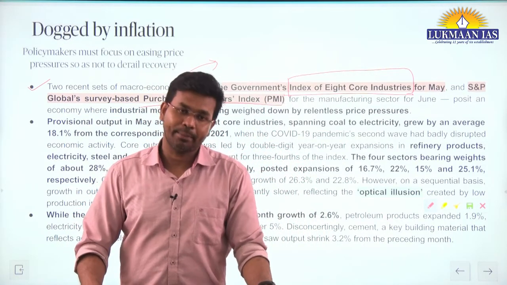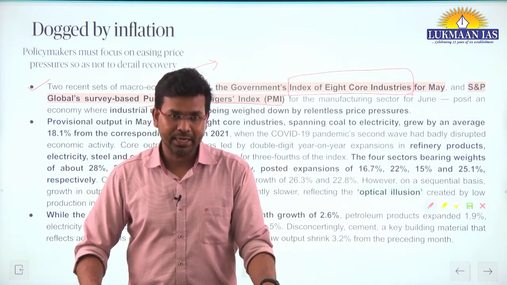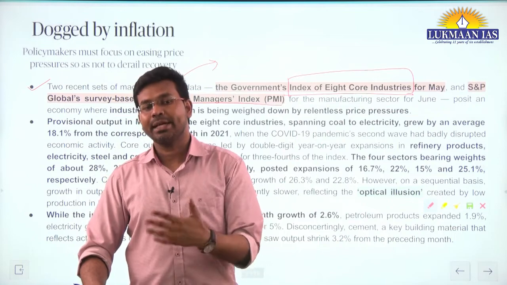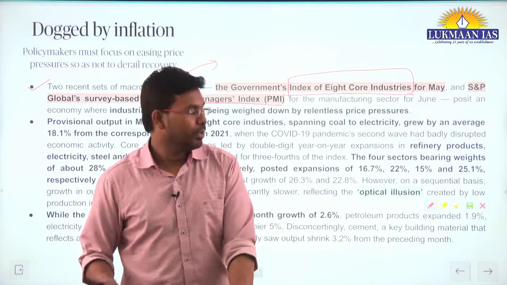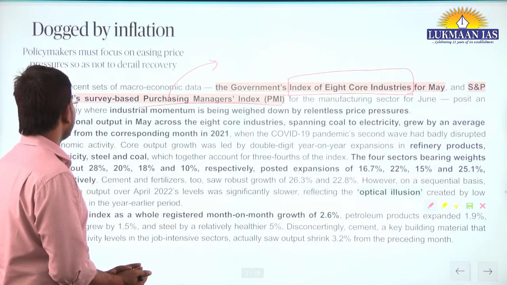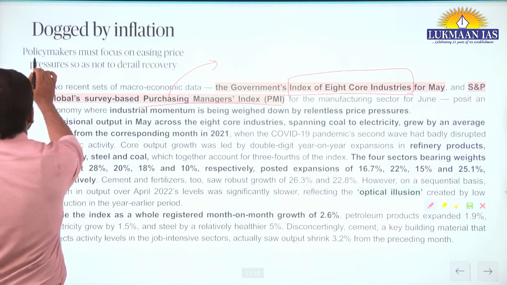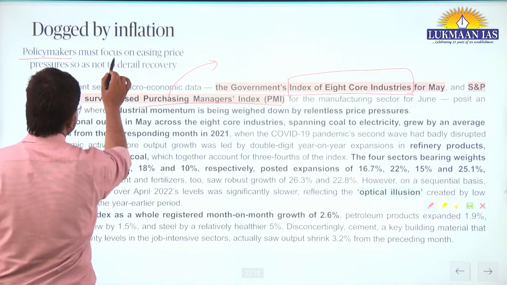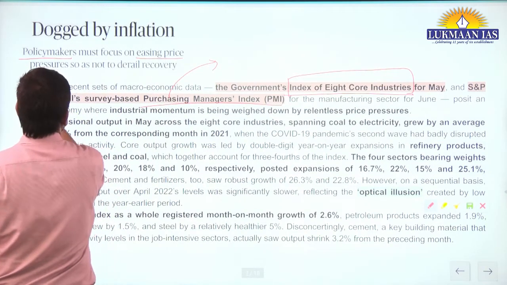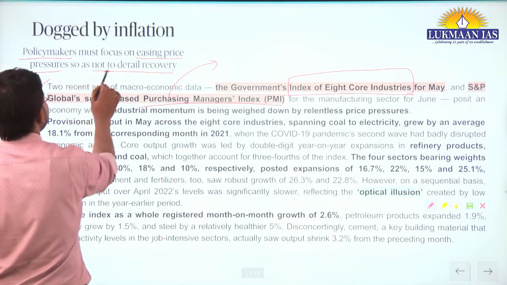Apart from this, the hike in the repo rate is also hampering growth now. So there are a multitude of problems that have led to the economic problems. So here the author is suggesting that the policy makers must focus on easing price pressures so as not to derail recovery.